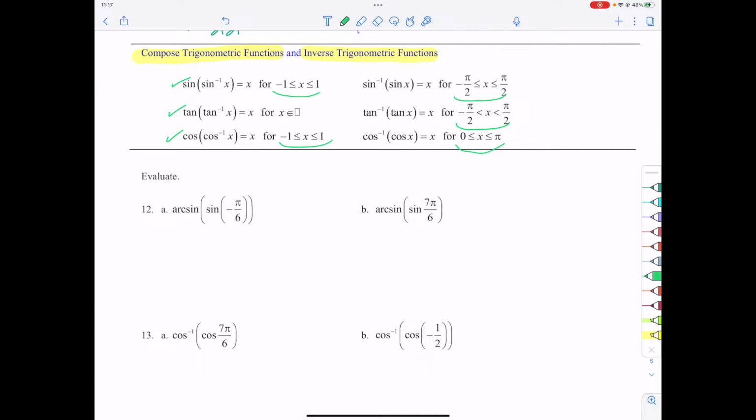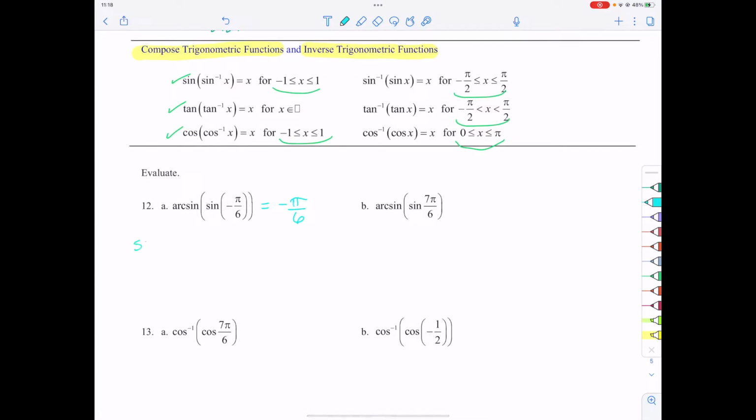Okay, so let's begin with number 12a, this arc sine of the sine of -pi/6. And that is actually going to be equal to -pi/6. And the reason is, since -pi/6 is between -pi/2 and pi/2. Okay, so you could almost say that these cancel each other out because we go to interchange the domain and range and then go back to the original.